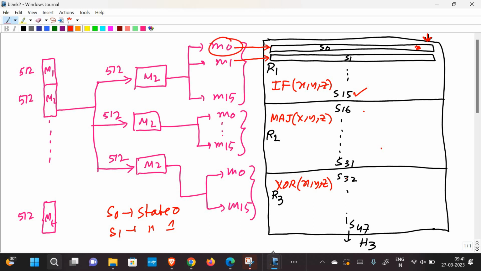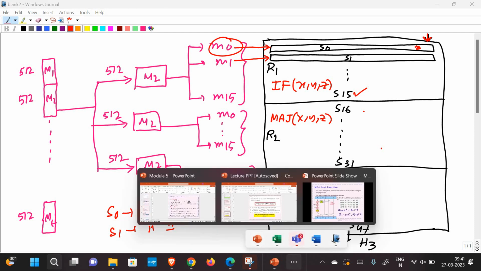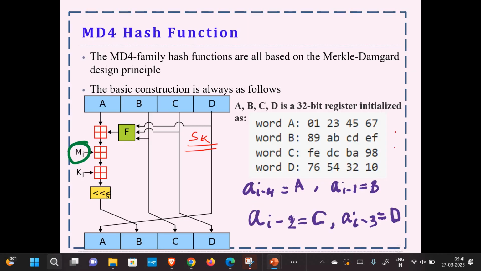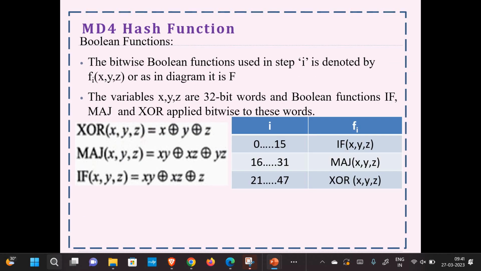This is my M0. Suppose the message comes in 32-bit, ABCD is generated, that goes in with the function. If it is round 1, it should be an if, otherwise it should be a majority, we call it MAJ, and then we have XOR otherwise.